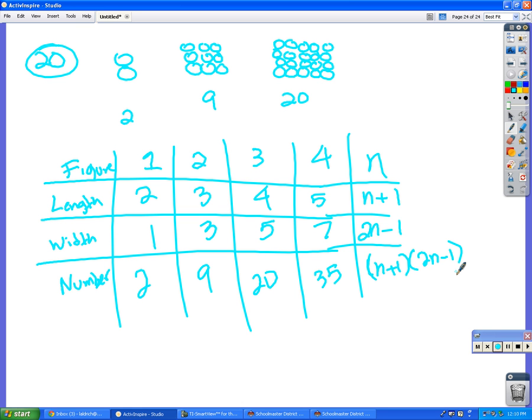And so now we can use it to figure out what the 50th term is going to look like. If I plug 50 in here for n, 50 plus 1 is 51. And then 2 times 50 take away 1 is 99. Multiply those together and you would get 5,049 circles.